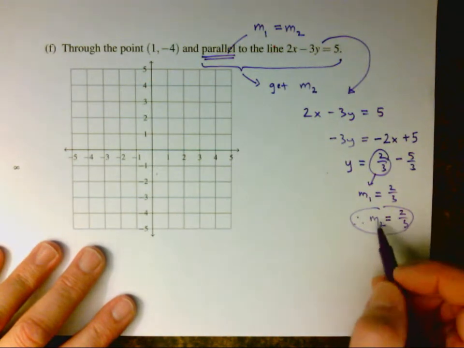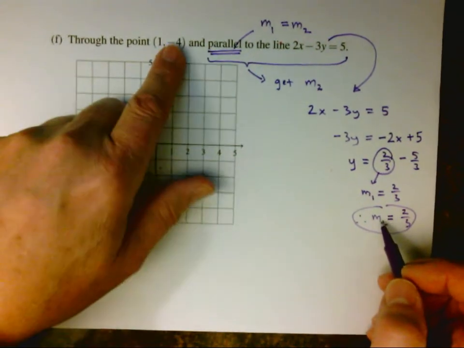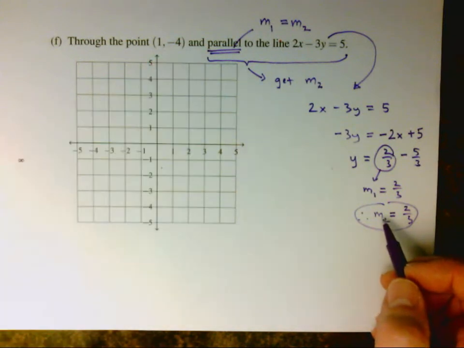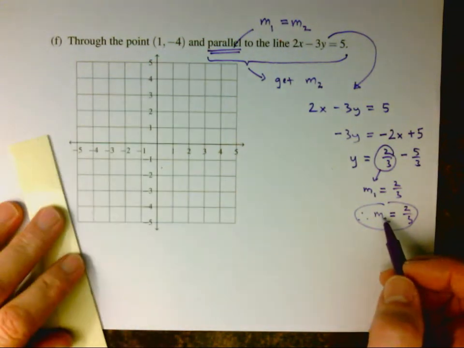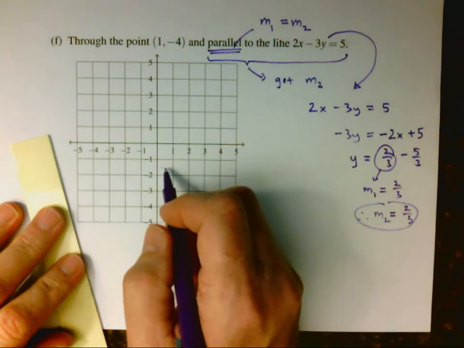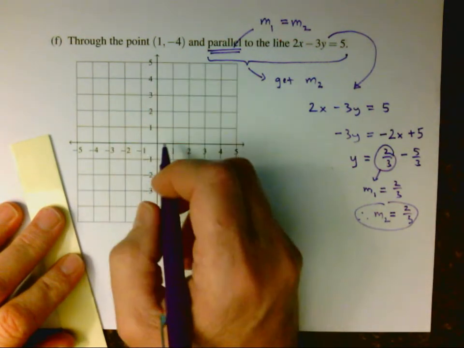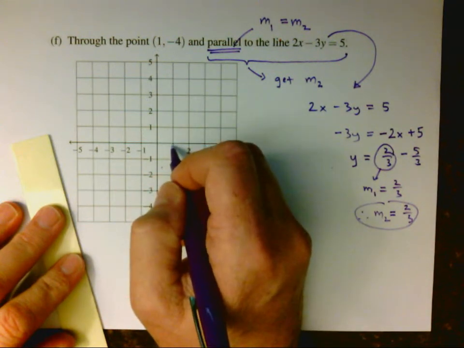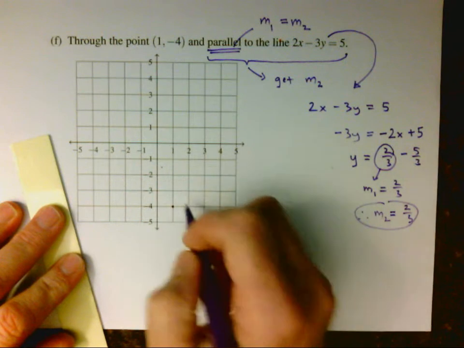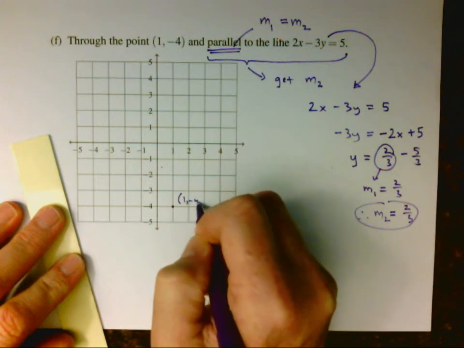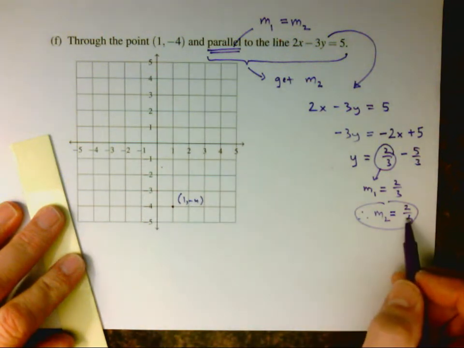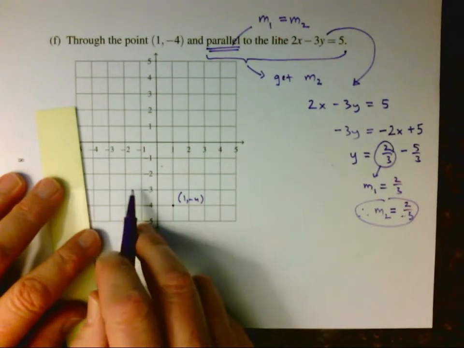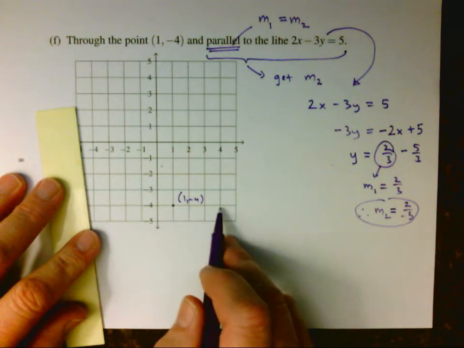Now we have a slope and a point, so we're going to do point-slope. I'm going to go ahead and graph this thing. We have the point 1 comma negative 4. So there's the point. And we're going to have a slope of 2/3. That means that if we go over 3, we'll go up 2.